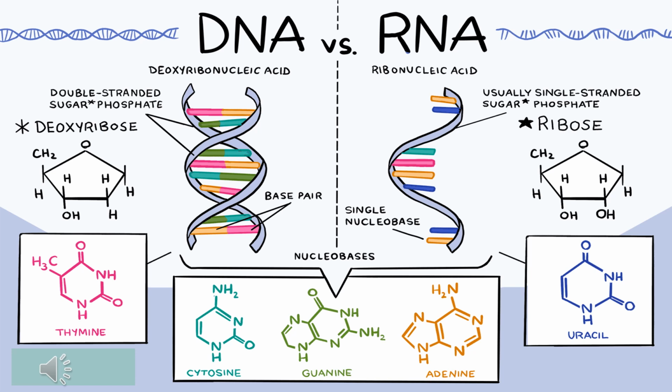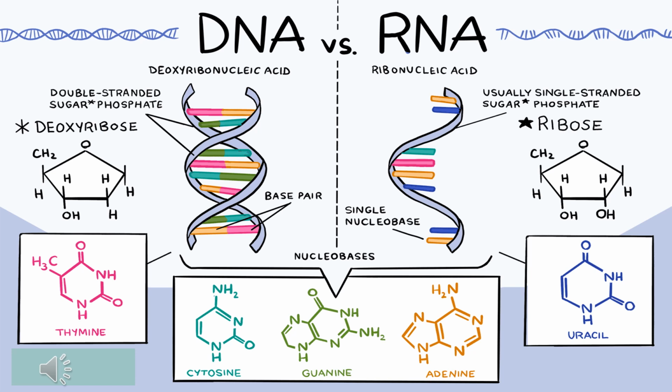Here, different colored strands are shown that are joining the two helices of DNA. The colored strands represent the different bases. The pink strand shows thymine, the green strand shows guanine, the blue strand shows cytosine, and the orange strand shows adenine.